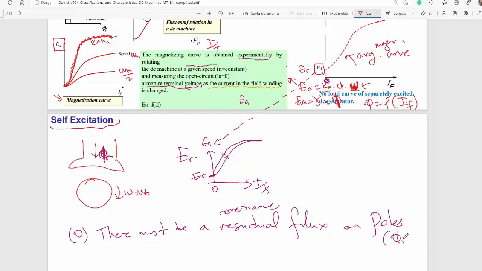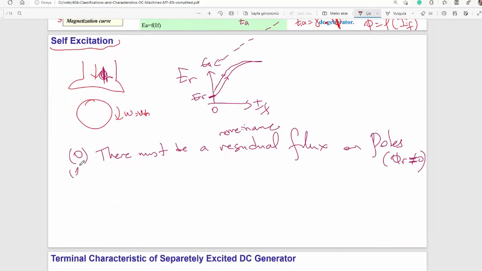I mean phi must be different than 0. And then you rotate. You should rotate the machine. After rotation, electromotive force will be induced, you know.